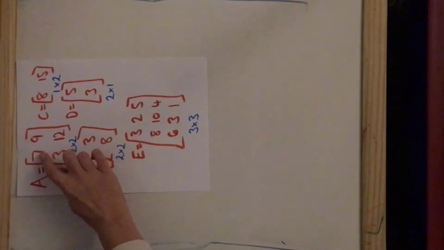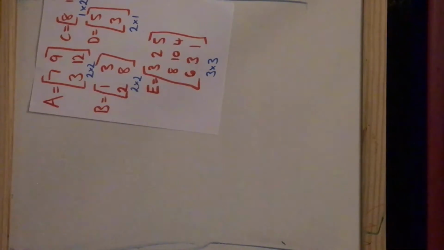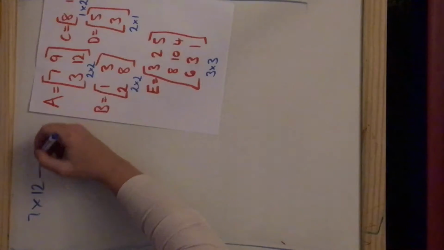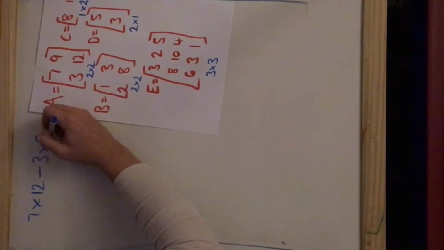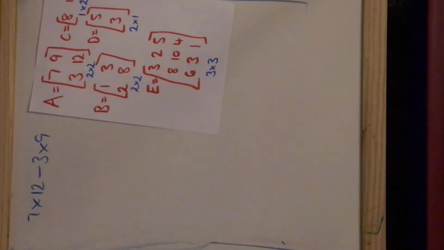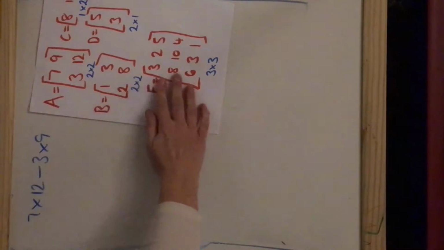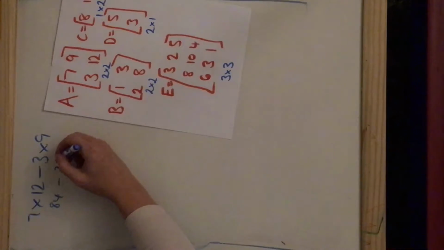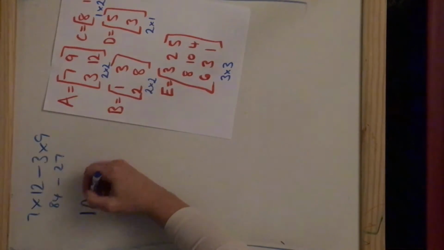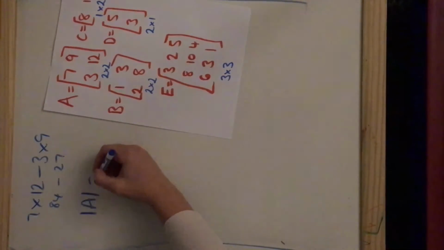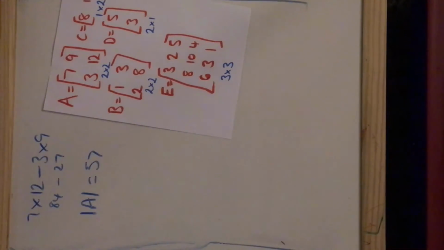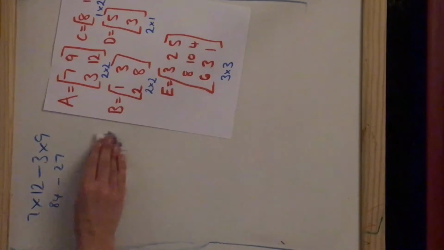So we would have 7 multiplied by 12 minus 3 multiplied by 9. So that would be 84 minus 27. So our determinant of A would be 57. And it's as simple as that for 2 by 2s.